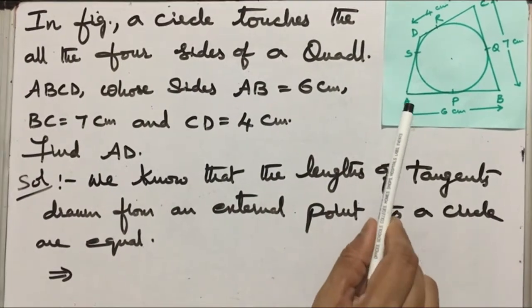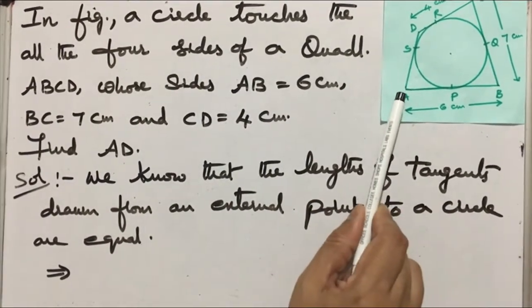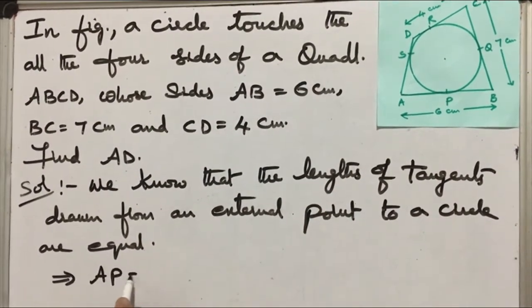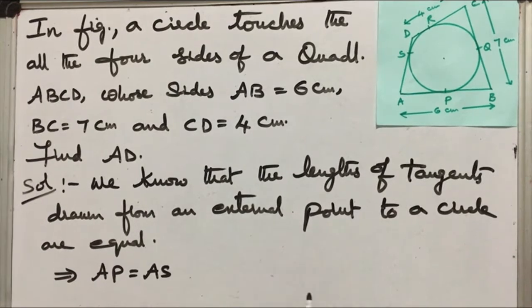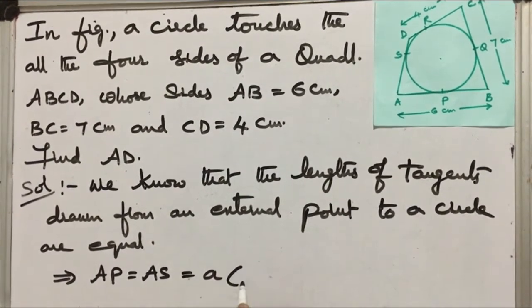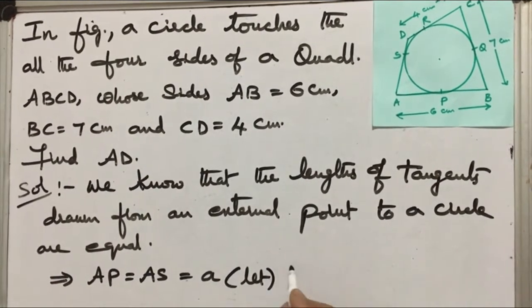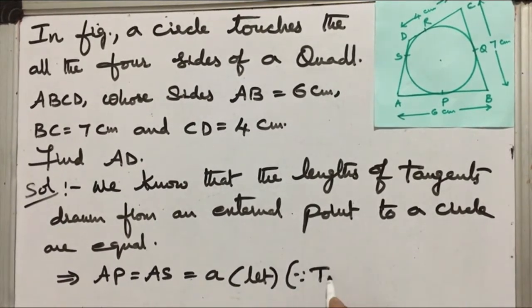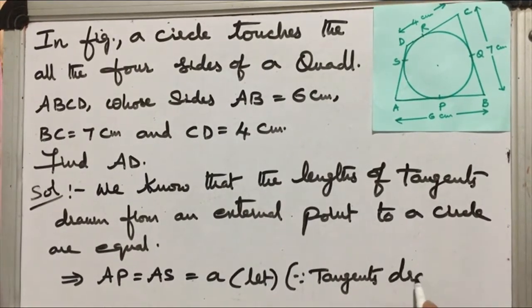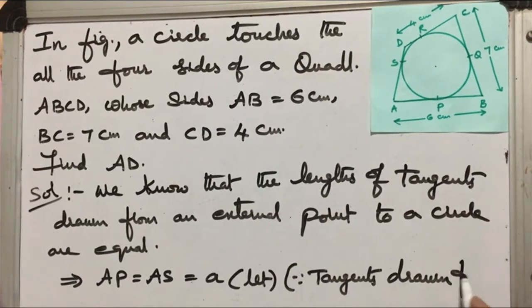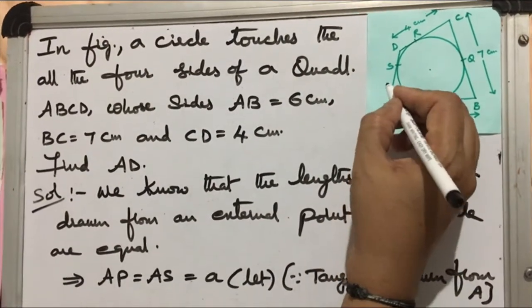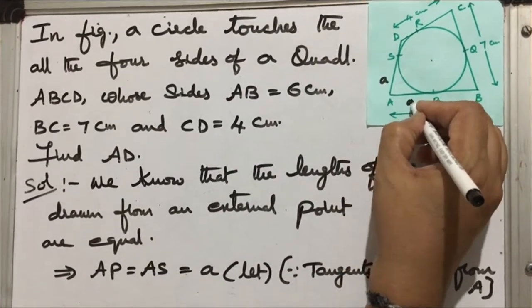AP is one length of the tangent and AS is one length of the tangent. You can write it as AP is equal to AS. I am representing it with a small letter a. Write the reason in the bracket, that is, tangents drawn from A. Mention it.